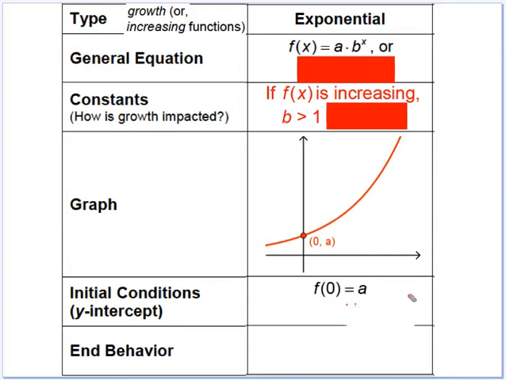Okay. Next couple things you should know. Just right here, y-intercept is at (0, a). And then the end behavior, you have a direct relationship. So as x increases, y is also going to increase. So for the exponential growth, we're going to have this little curve right here.